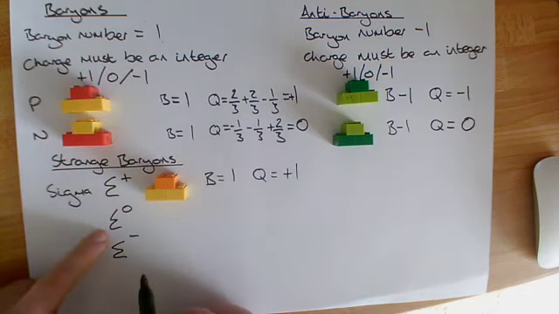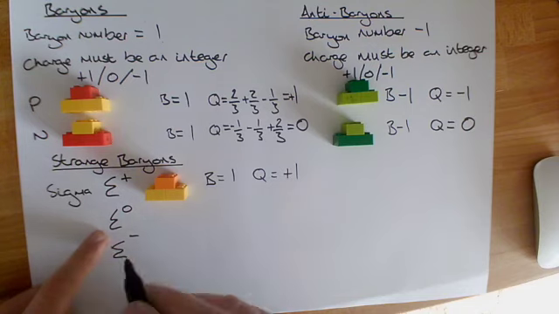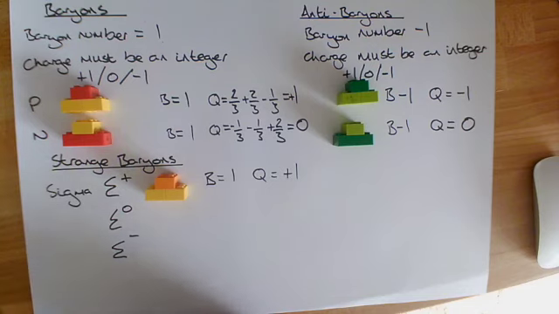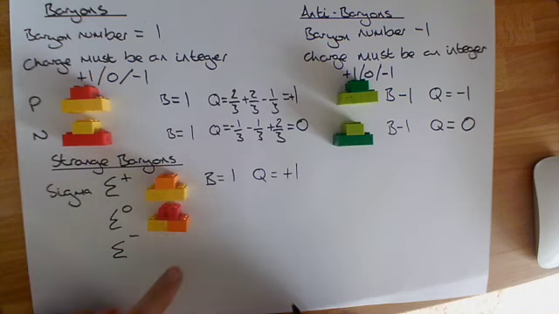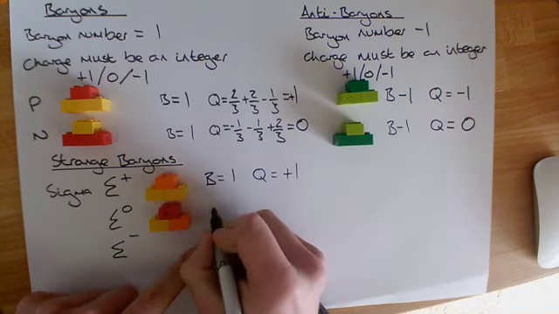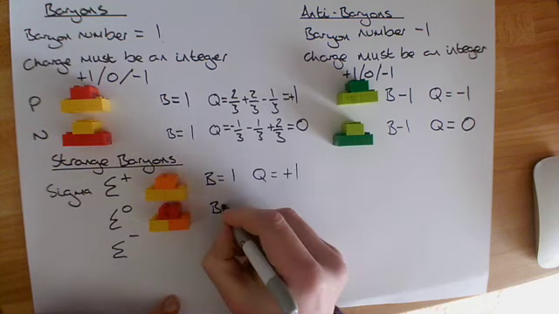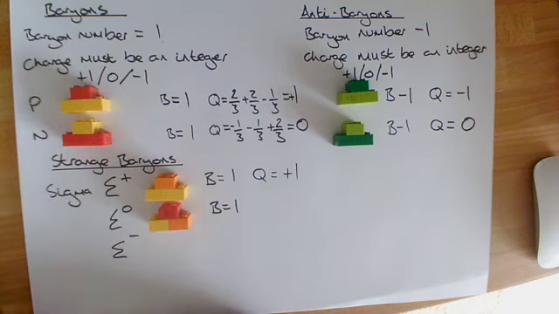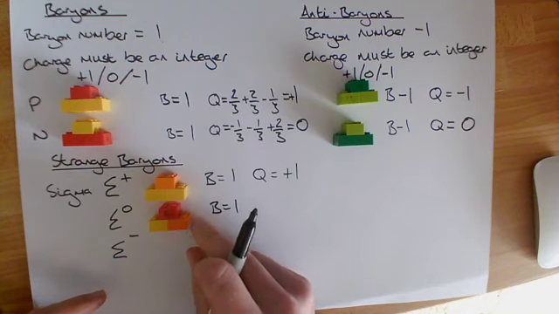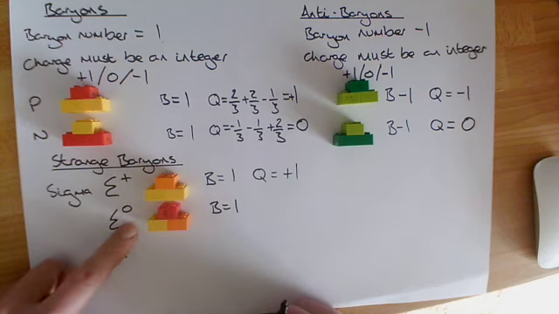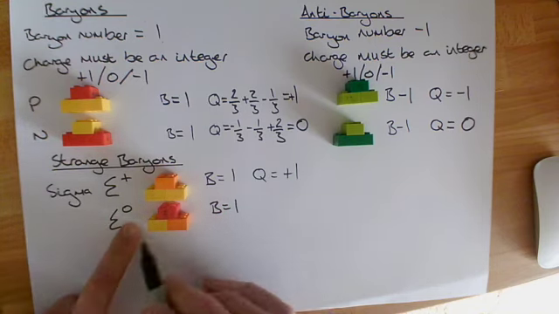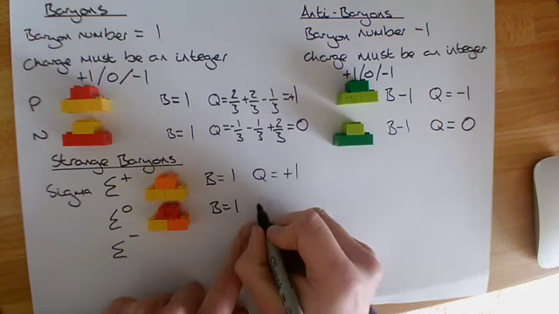Then, if I take a sigma naught, that's got the quark combination of up, down, strange. And again, we can check that it satisfies the criteria for our baryon number, plus 1/3, plus 1/3, plus 1/3. And I always encourage people to go through and do these checks to make sure that the particle they're talking about, or the particle that the question is asking about, does satisfy the criteria for that particular type of particle.